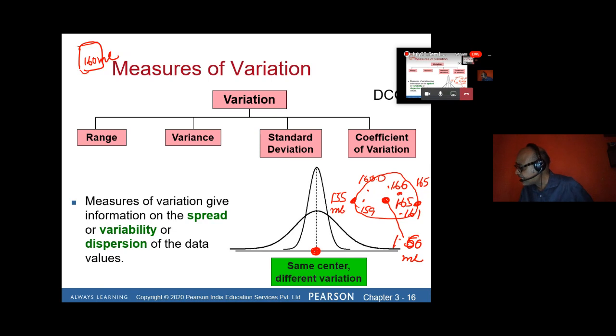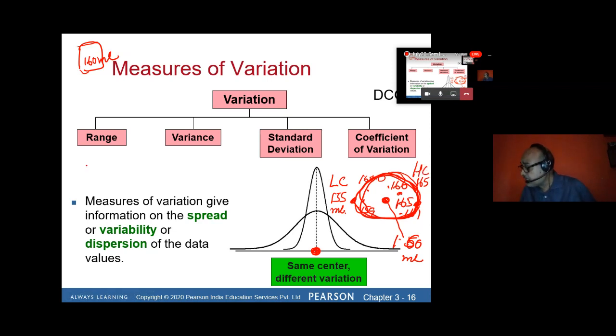The company has decided that after production, if you check the quality and observe that a packet contains between 155 and 165, it is a quality pack, and if it is below 155, it is underweight and is rejected. So this particular basket, which I have made here with a red circular boundary, is the boundary wall of your correction. 155 ml is the lowest cutoff and 165 ml is the highest cutoff value.